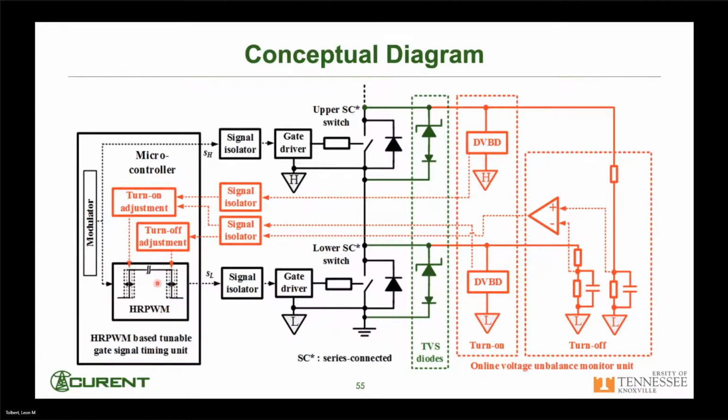Those are the two adjustments that are needed. Once those adjustments are made, then of course it goes back through our traditional gate drive circuit. The other thing that we've added here are these transient voltage suppression diodes, and I'll talk briefly about those too.